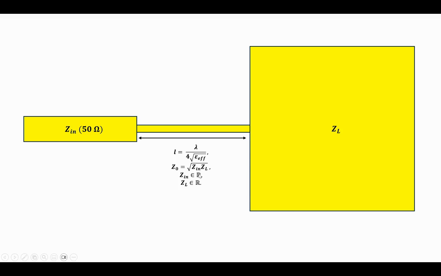And you need to make sure that at the frequency that you're working at, Zin is a real number as well as ZL. So it should not have a reactive component, such that this quarter wave impedance transformer works. And how do you actually find ZL? So we have Zin, but how do you find ZL? And I will explain to you now how to do so.